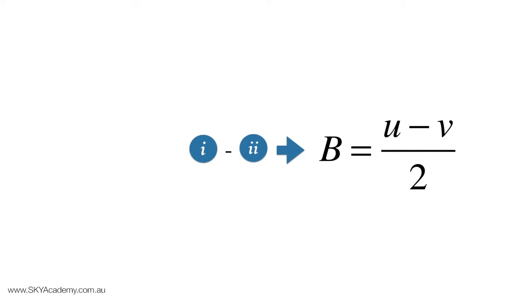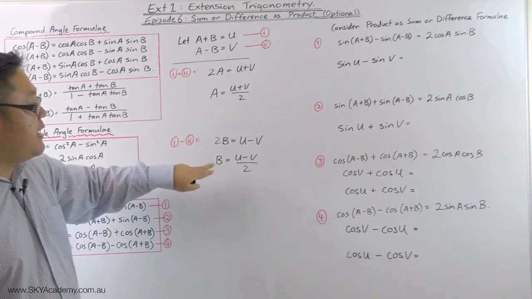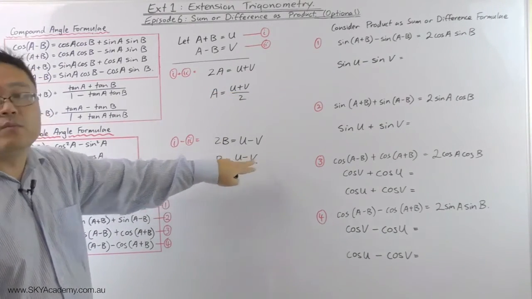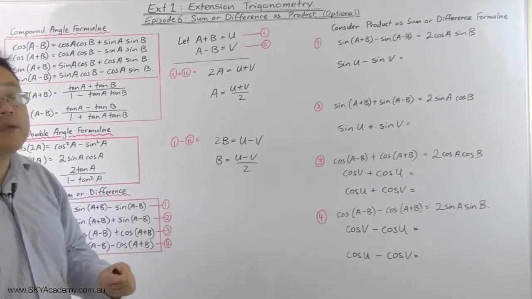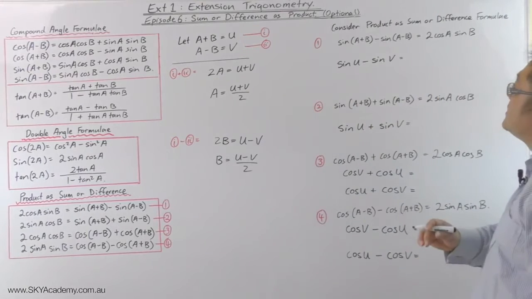So in other words, every time we see a, we can replace it with u plus v on 2. Every time we see b, we can replace it with u minus v on 2. So let me just substitute.